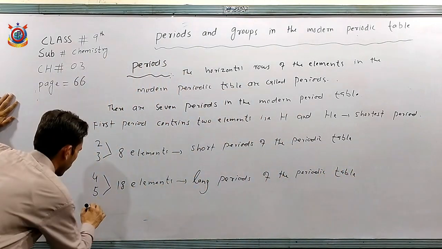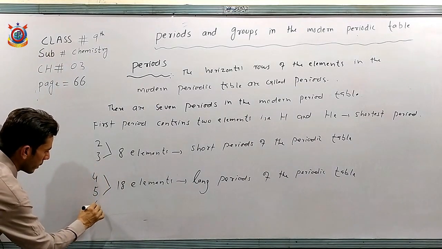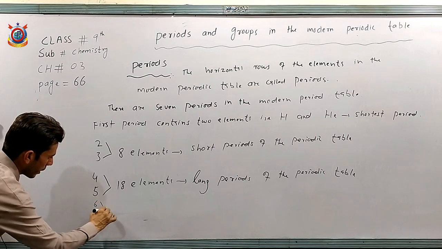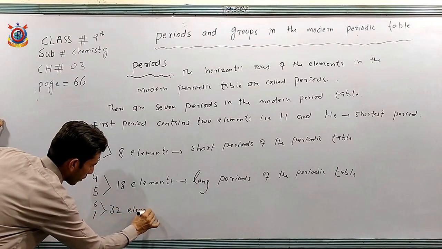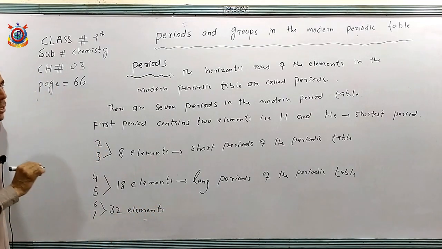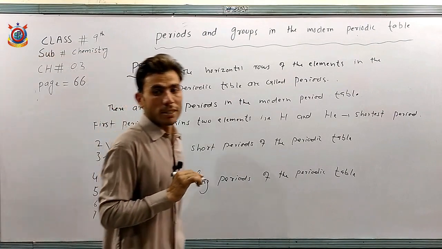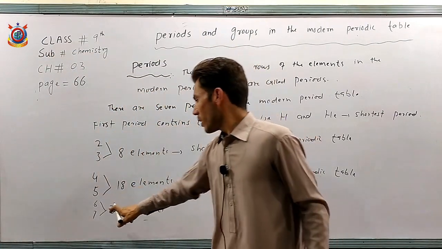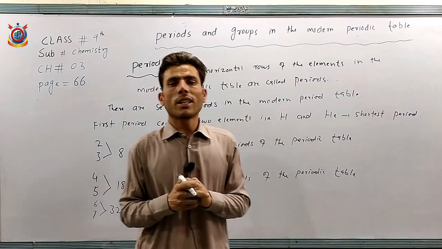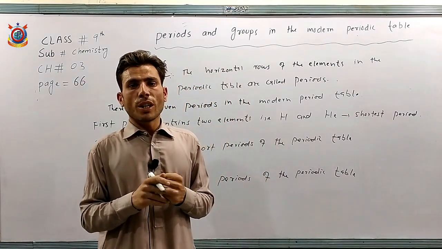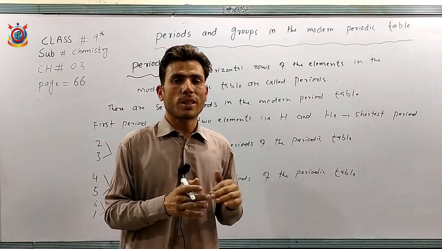Sixth and seventh periods contain 32 elements each, in which period number 7 is still considered incomplete, because there are some elements whose properties have not been studied sufficiently.